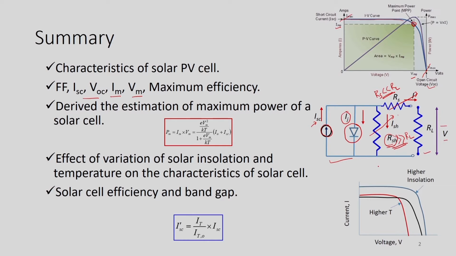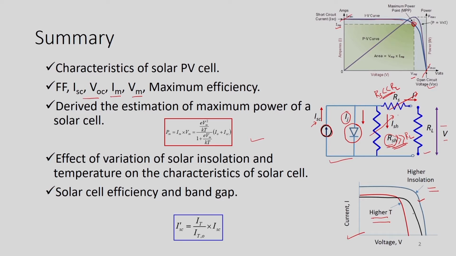That was done in the last class, and we also studied the effect of variation of solar radiation and temperature on the characteristics of a solar cell. As you can see in this IV characteristics plot, the red line shows the curve at higher temperature, and this curve is at higher insolation.